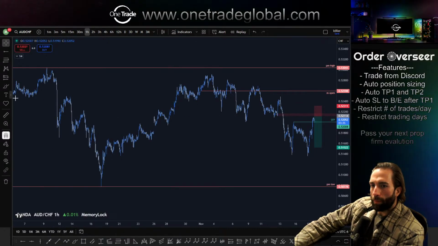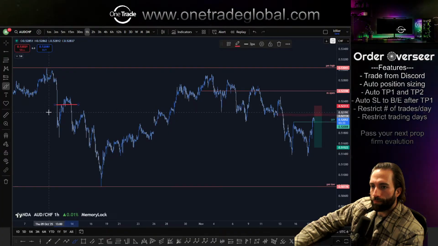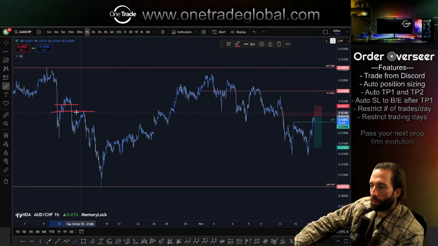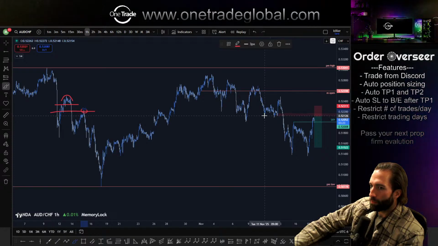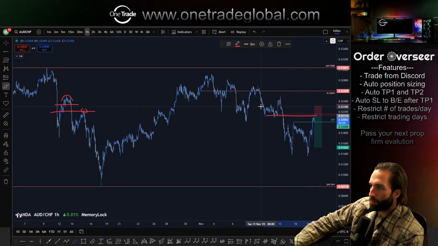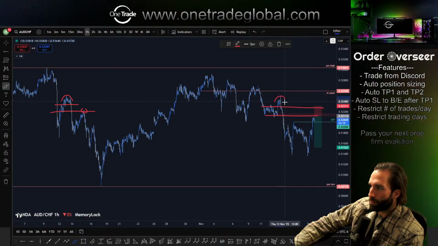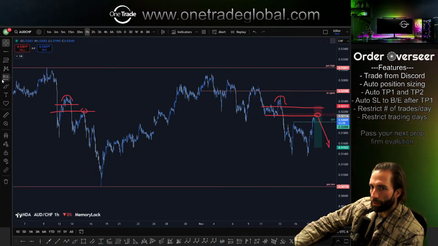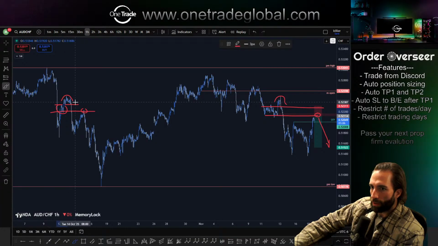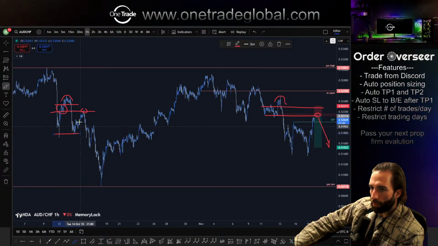This is a really good example right here of what I'm looking at. If you can see the comparison here. So we put in a zone, deviated it, broke down, double bottomed, came back up, tested it, nuked.